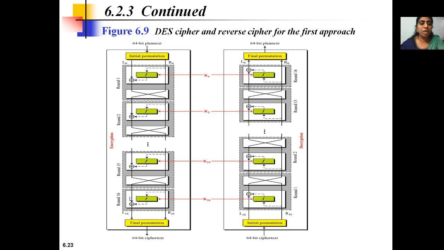So like that we are going to do 16 rounds. Then at the final we are going to do the final permutation, and we are going to get the ciphertext. And this is the reverse process, and we are going to get the plain text.